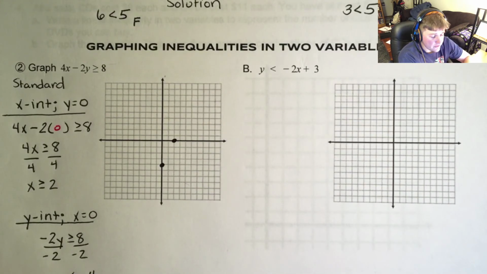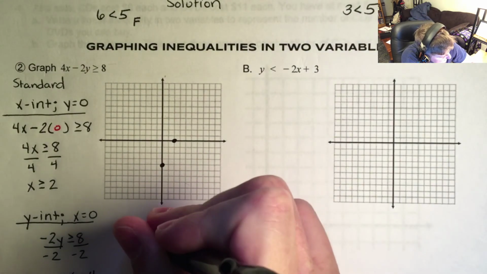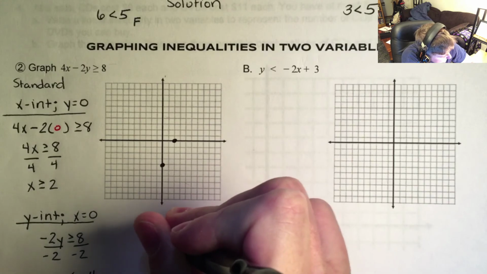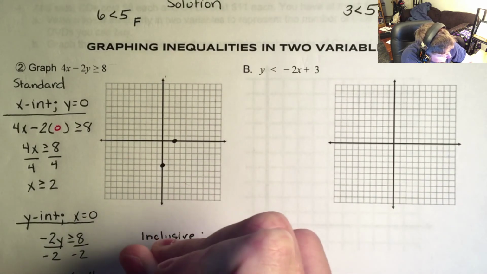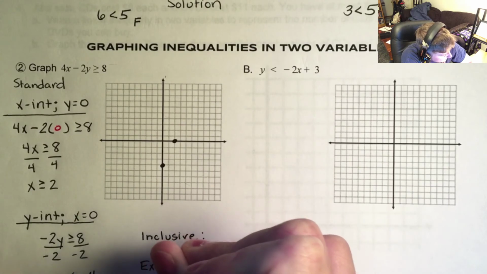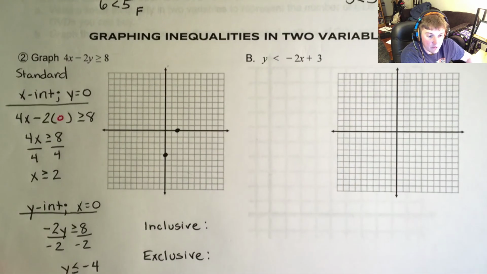So right now is a perfect time to talk about the difference between the two, and it's kind of the same concept as the open circle and closed circle that we talked about in 2.1.